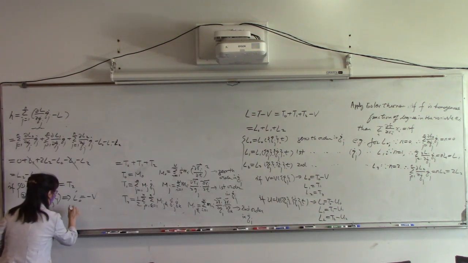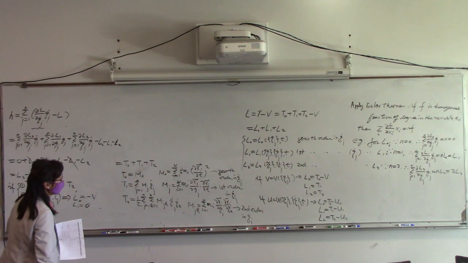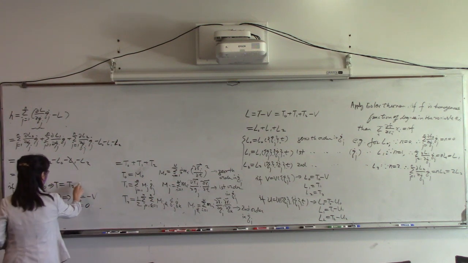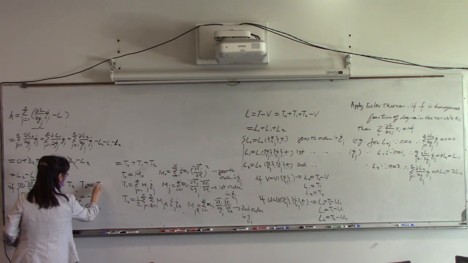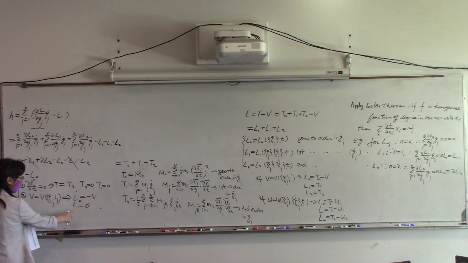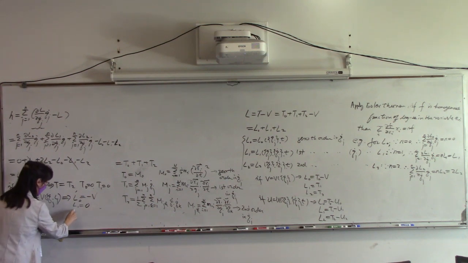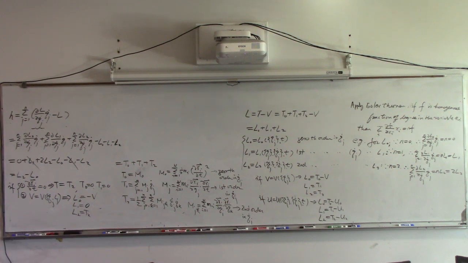Here L1 is 0, because T1 is 0, and then L2 is T2. That makes sense?